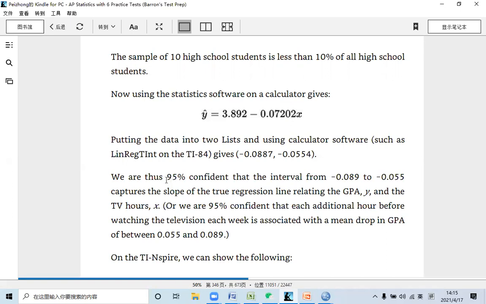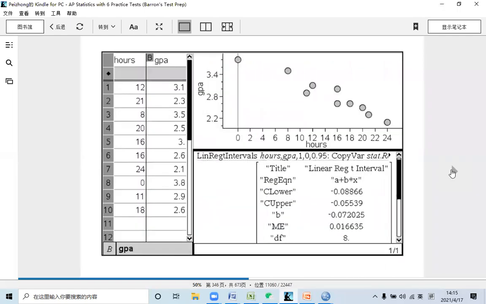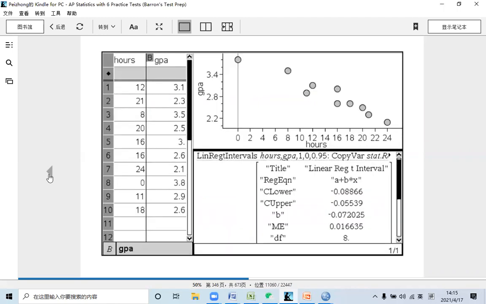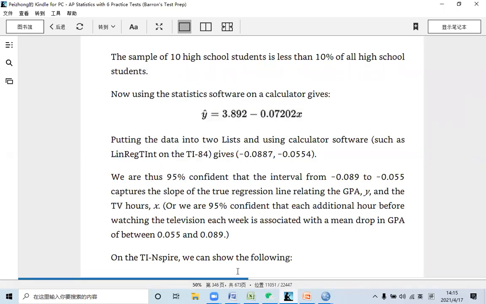And what is a 95% interval? It would be based on the t-test, the t-value, 95%. Let's go to the t-value, 95.